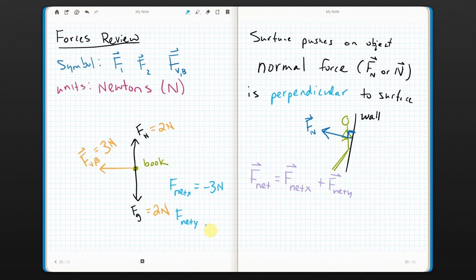The total forces in the y direction, I've got 2 up minus 2 down.